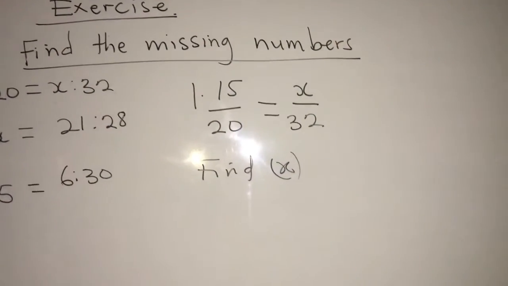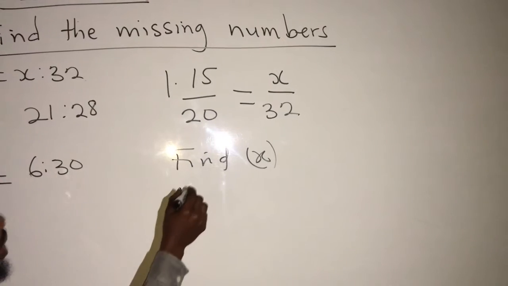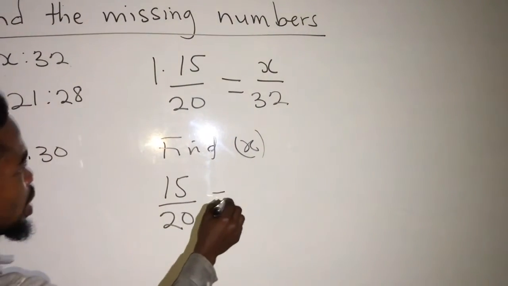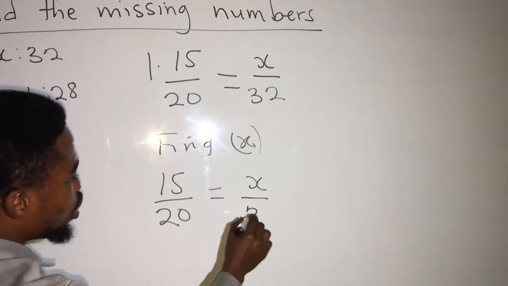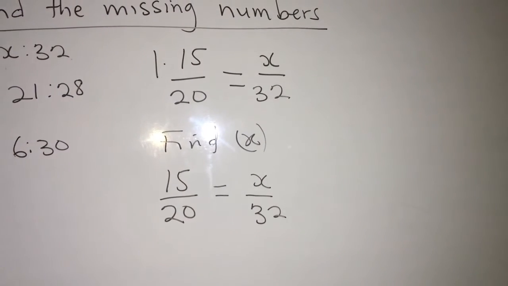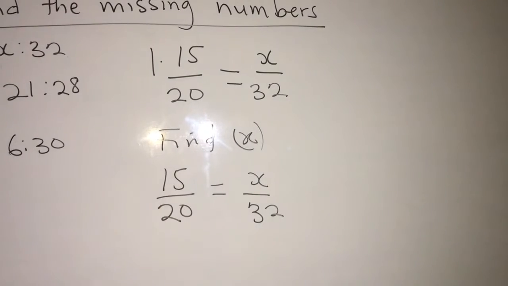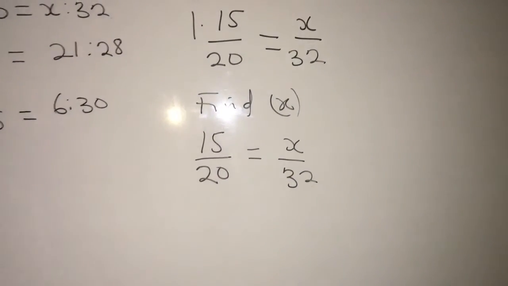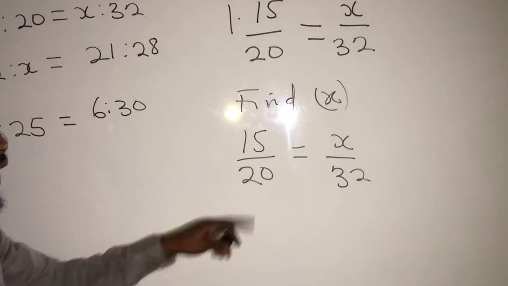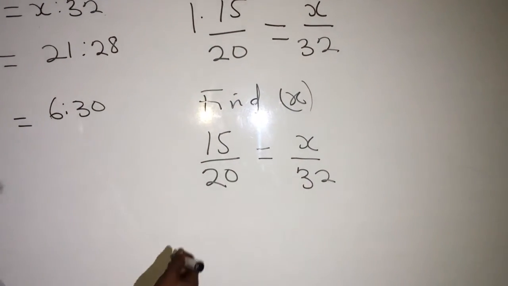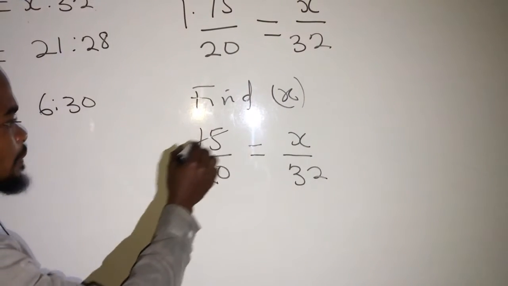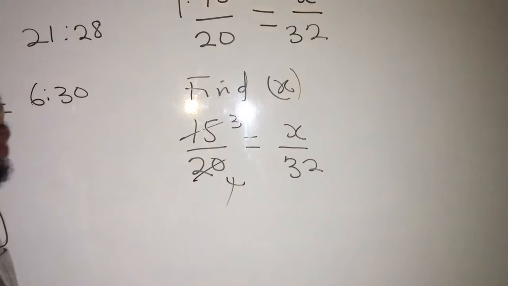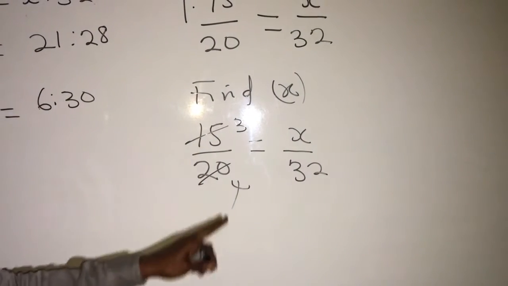Now, how do we find that number? I repeat the same ratio, 15 out of 20 equals x out of 32, and I have to break these numbers down. I look for a number that can go into 15 and 20 at the same time. 5 can go into both: 5 goes into 15 three times, and into 20 four times.